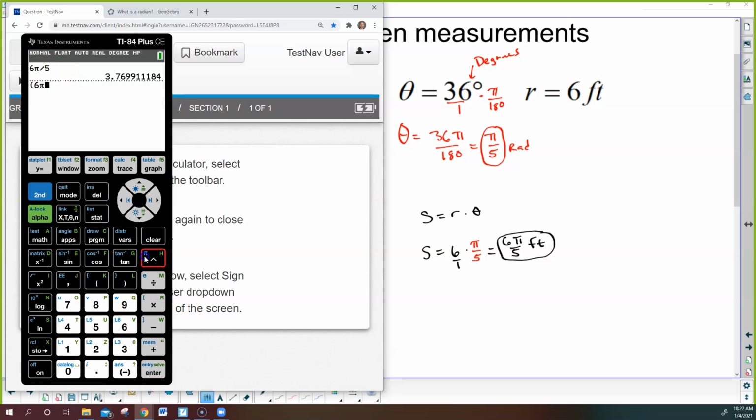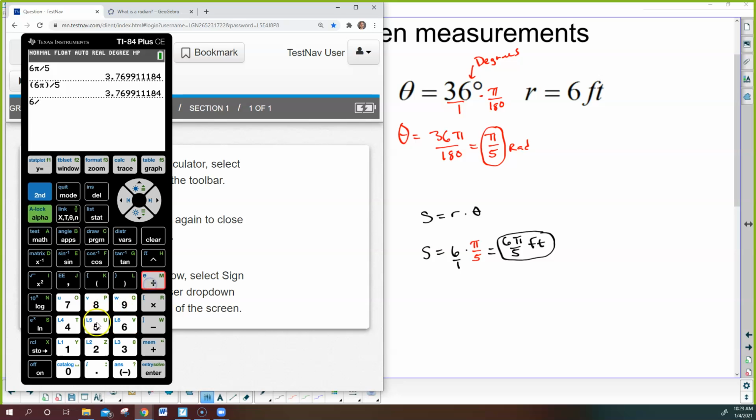For safety, you should put the numerator in parentheses and then divide by 5. You just got to be careful, right? Anytime you have more than just a number, use parentheses.